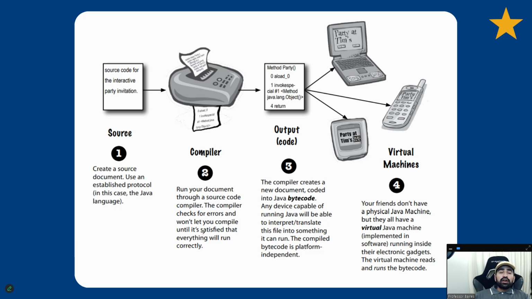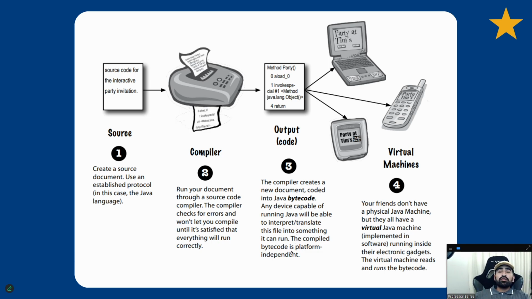Once it's satisfied that everything is correct, it's going to move into the next step, and that's the output. The compiler is going to create a new document called Java bytecode, so that any device capable of running Java will be able to interpret and translate that bytecode into actual instructions, something that the computer can do and run.